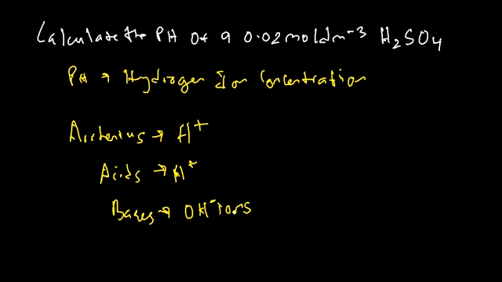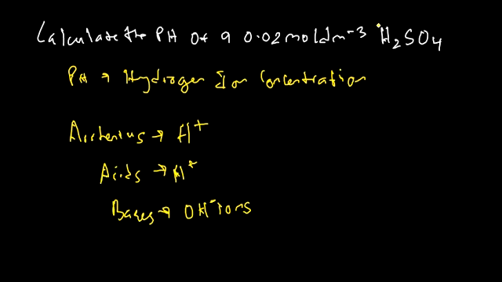Now take note of the following. When you are asked to calculate pOH, it has to do with a base most times, but they can say, calculate the pOH of a 0.02 mole per dm cube H2SO4.